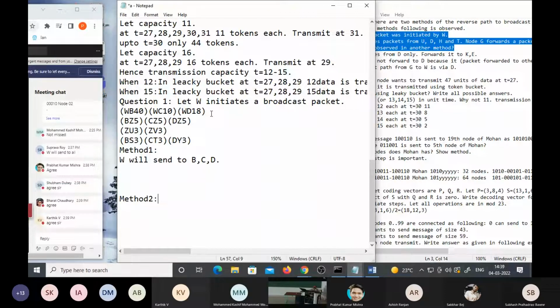What will be done in method 2 first line? What is method 2 first line? Write it, all of you.